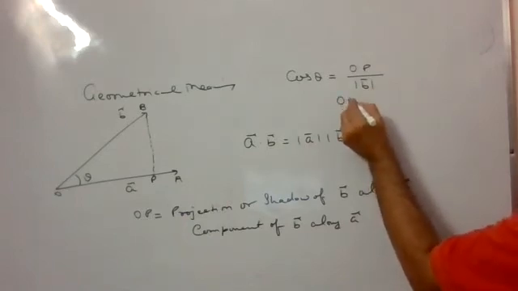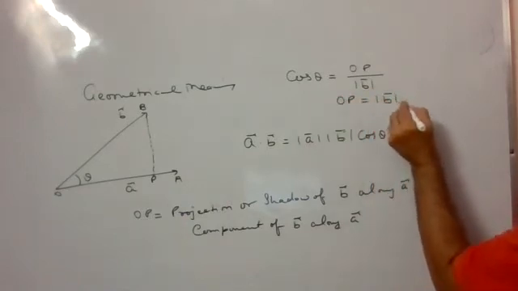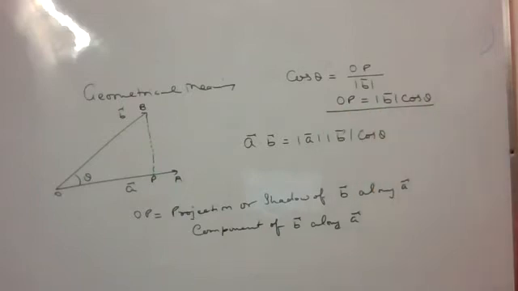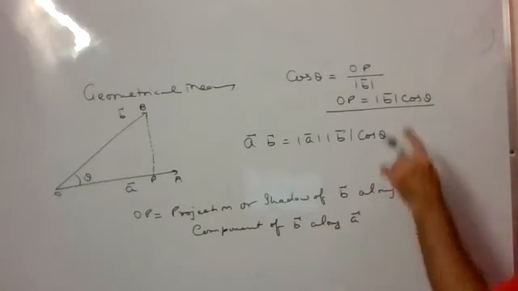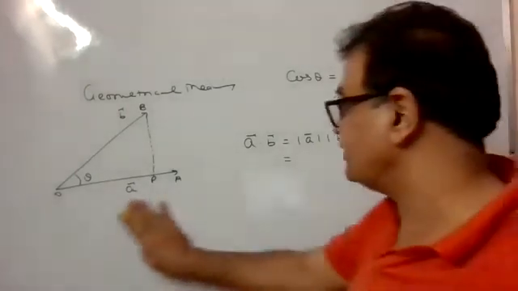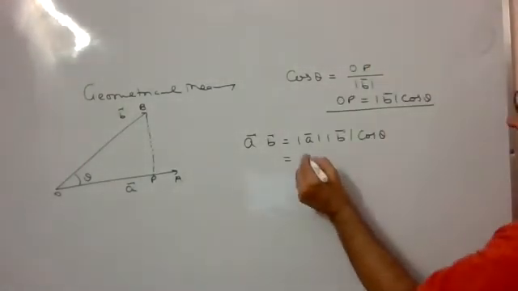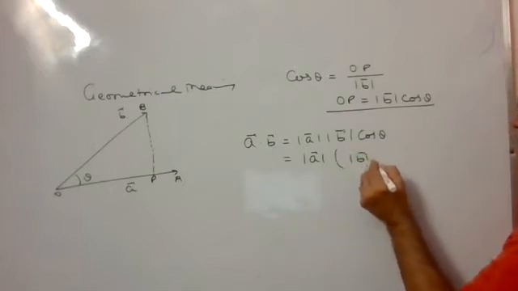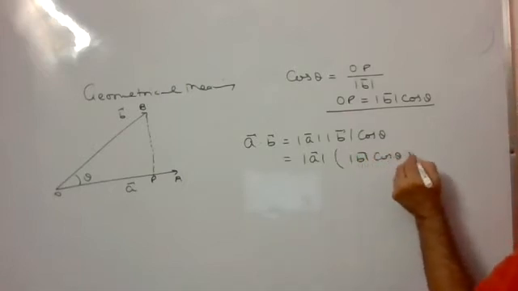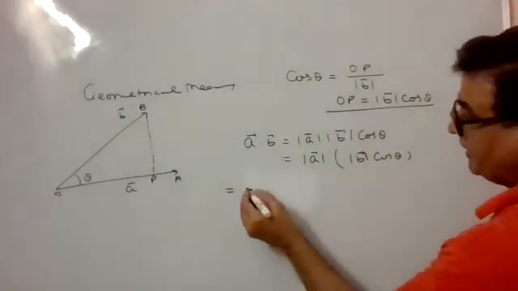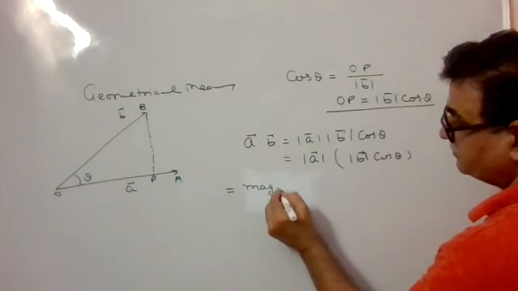So in this case OP will be magnitude B cos theta. So here this dot product, what I can write, just check. This I can write as magnitude A as it is, into magnitude B cos theta. And in words, this is called the magnitude of A vector.